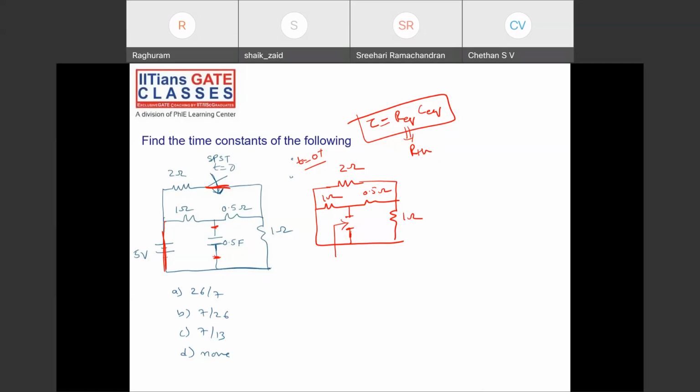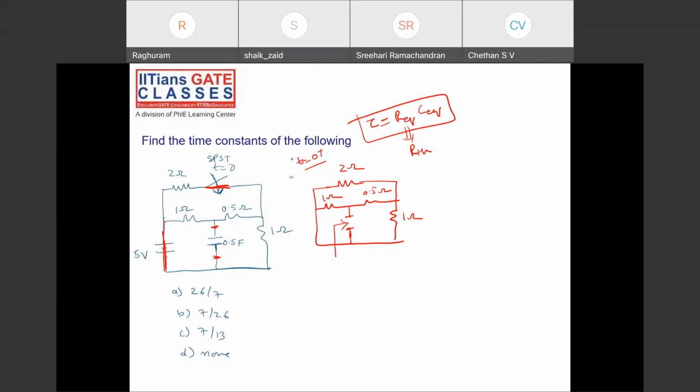Anyone? No series parallel? Can you see any series parallel combinations? Any star delta combinations? Is there any star delta combination?